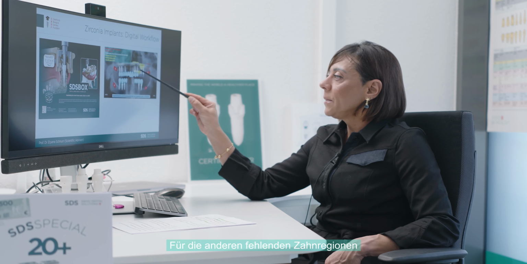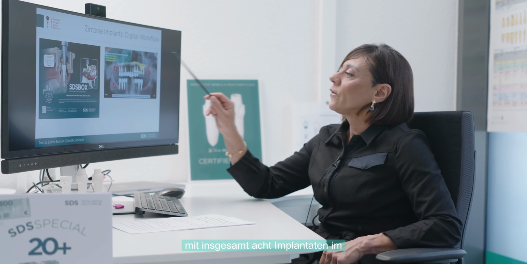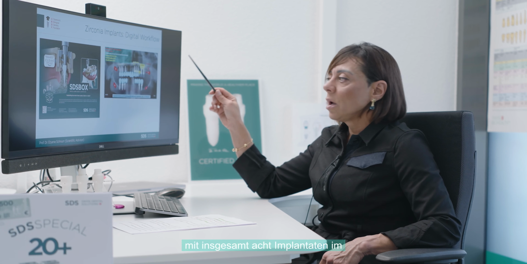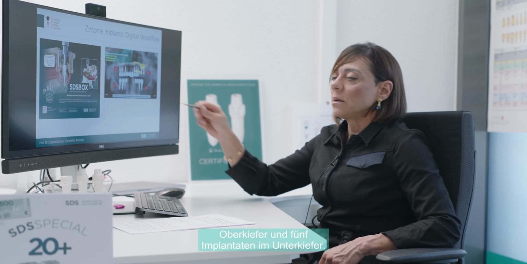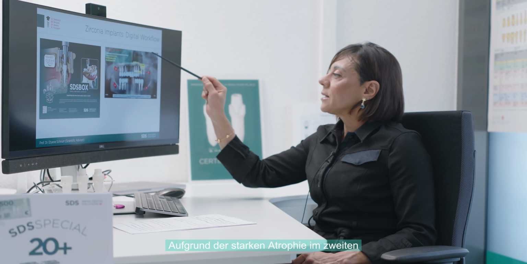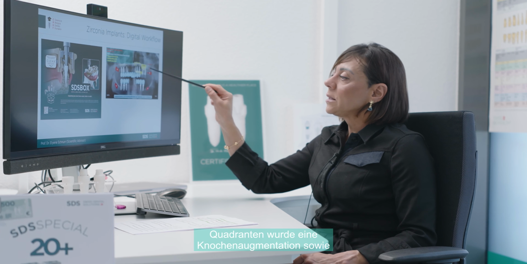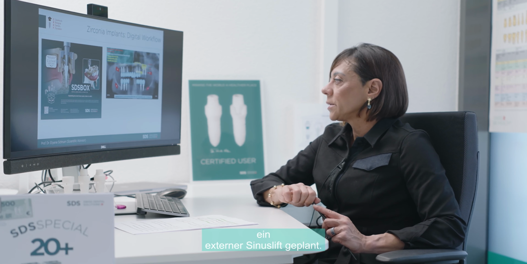The other missing teeth regions also received a plan for ceramic implants, in a total of 8 implants on the upper jaw and 5 implants on the lower jaw. Due to the severe atrophy on the second quadrant, a bone augmentation as well as an external sinus lift was planned for this quadrant.